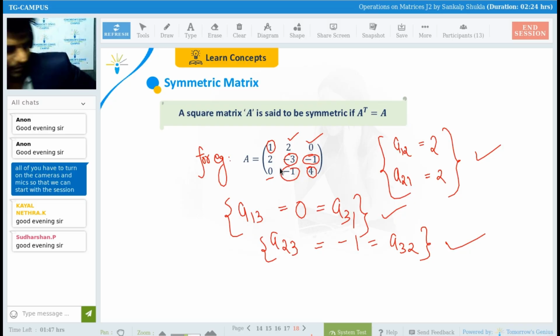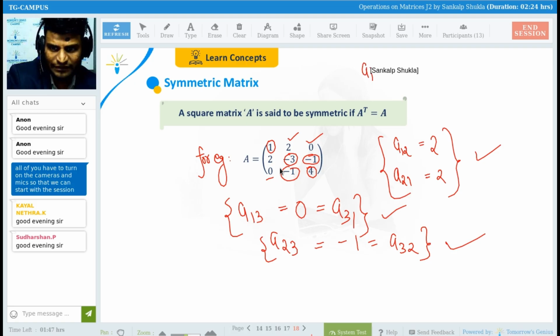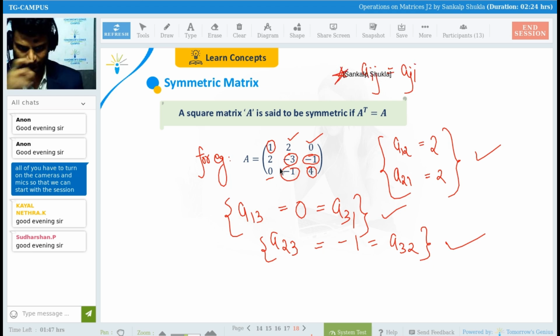Why is this matrix symmetric? Because we have each and every pair equal. So this completely satisfies the condition Aij is equal to Aji. Take a note of this.